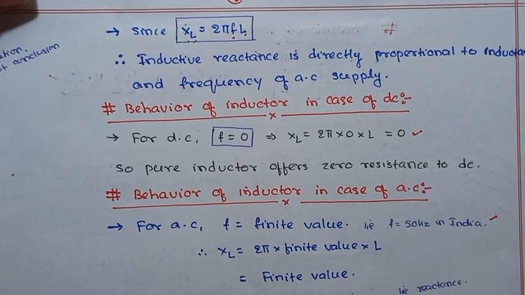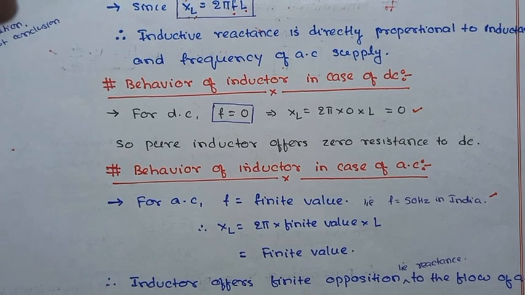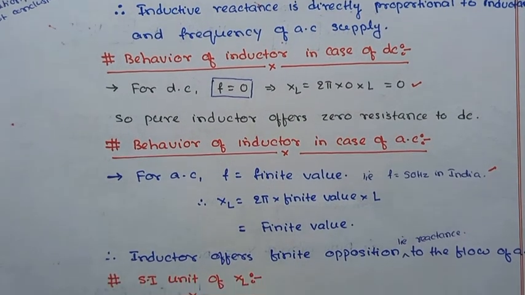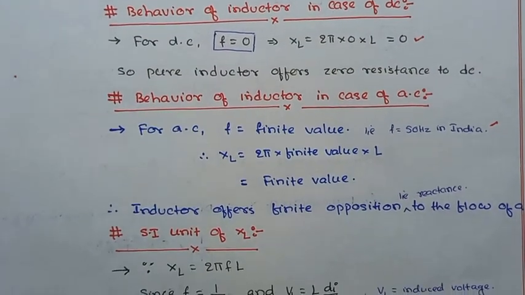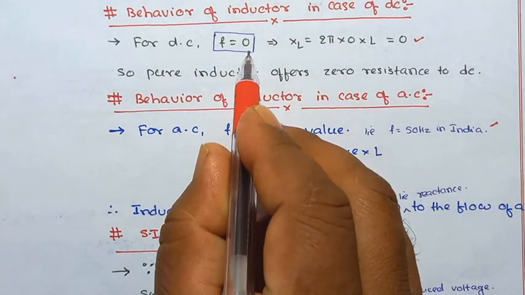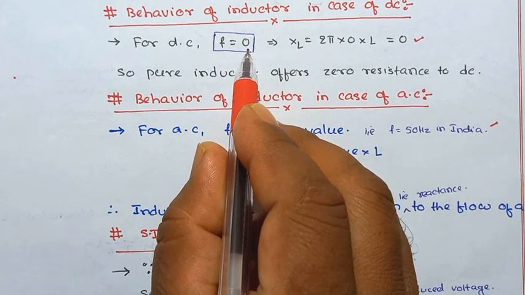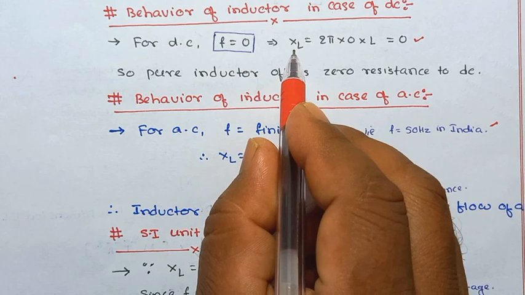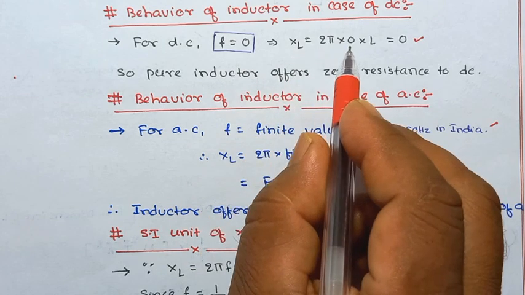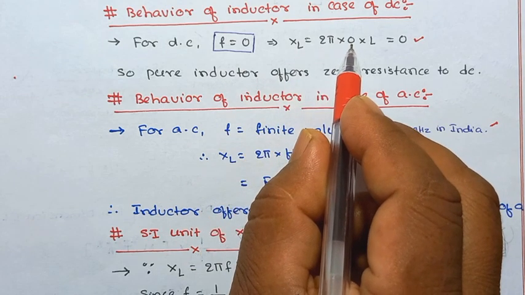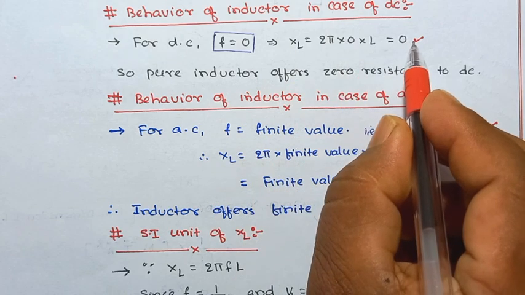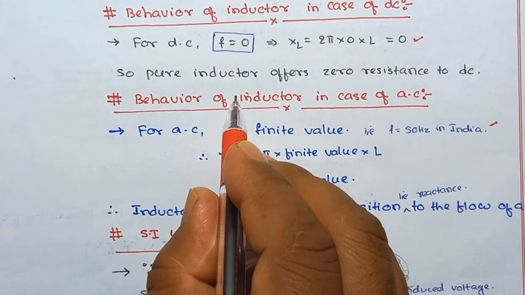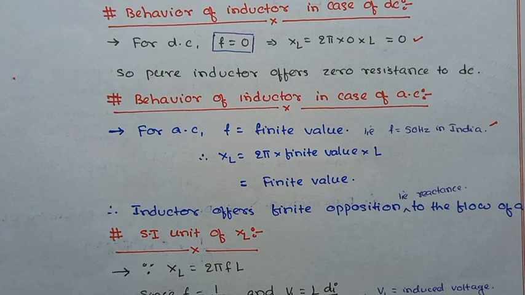Now we will see the behavior of an inductor in case of DC. For DC, F is equal to 0, that is, the frequency of supply is 0. Then XL is equal to 2 pi FL. In place of F we write 0. Then XL is equal to 0. So a pure inductor offers 0 resistance to DC.